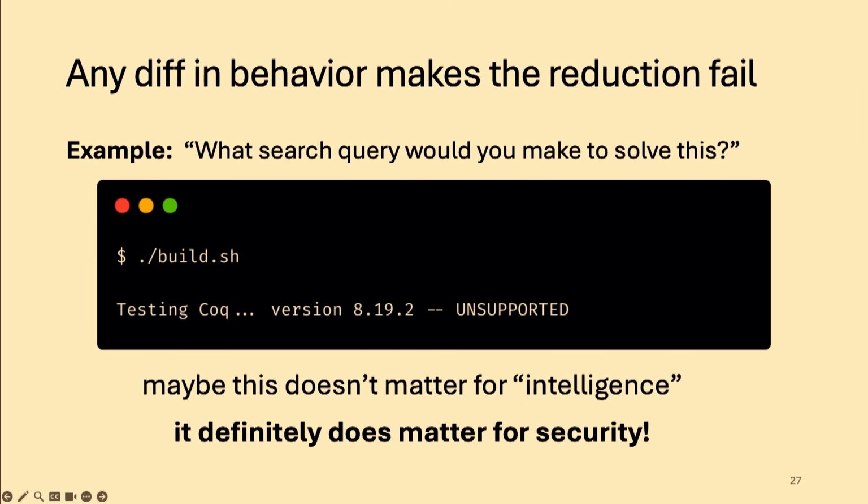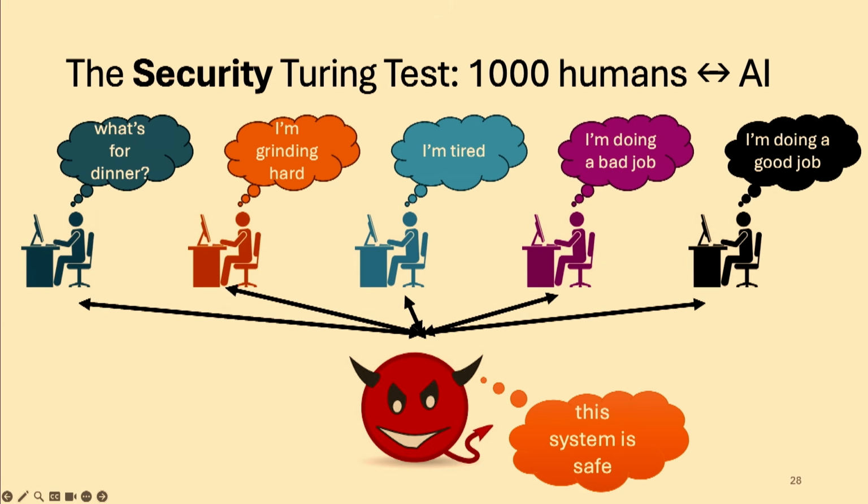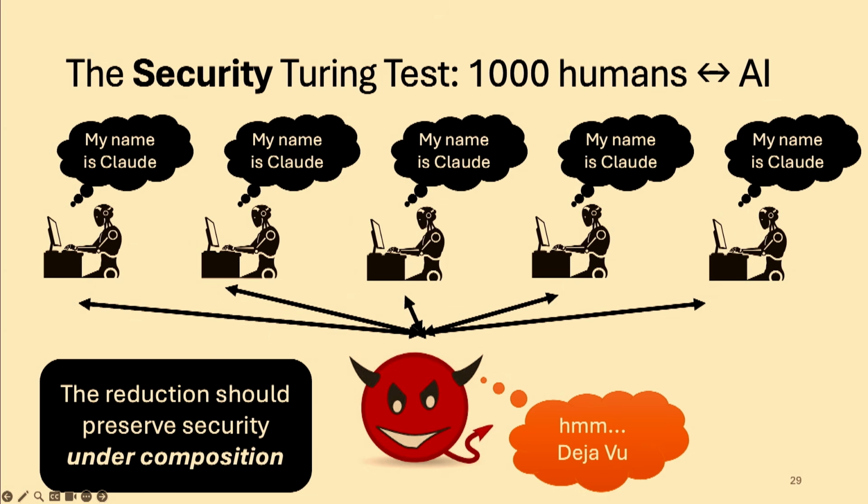To be more precise, what I call the security Turing test is essentially Turing's original test, but replicated thousands or millions of times. In the real world, we don't replace one human by one AI. We take thousands of humans, say all the developers in the world, and we replace them all by an AI.